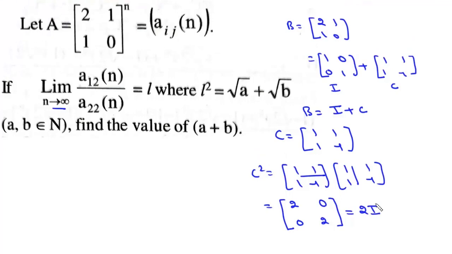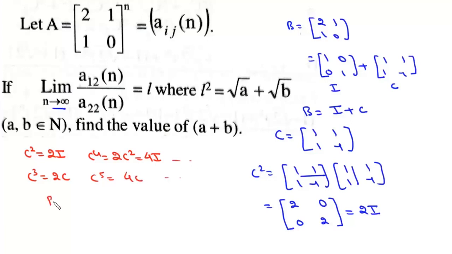So once we have this expression, we know that C square is equal to 2I. And if we multiply it with C, we'll get C cube as 2C. Now we multiply it again with C, we'll get C to the power 4 as 2C square, and 2C square is 2I, so there'll be 4I. C to the power 5 will again be 4C, and this sequence will continue like that.